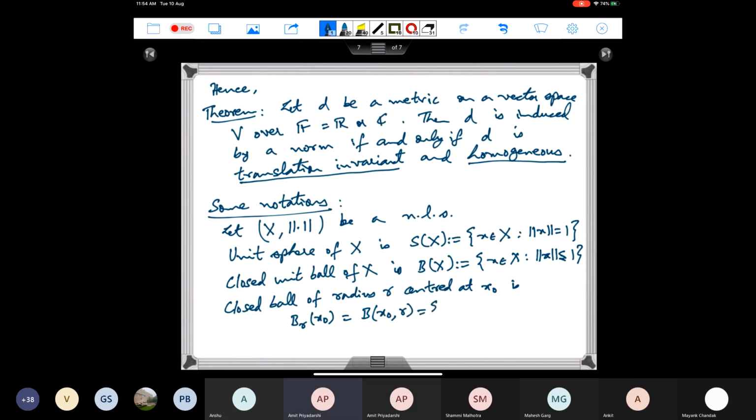This is all those x in X such that norm of x minus x naught is less than or equal to r. So you would have seen a similar notion in metric spaces. The ball of radius r centered at x naught is all those x such that the distance between x and x naught is less than or equal to r. This is the closed ball. And similarly, we define the open ball.